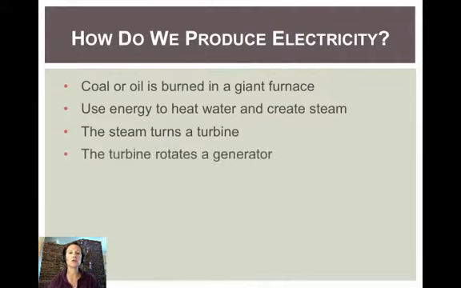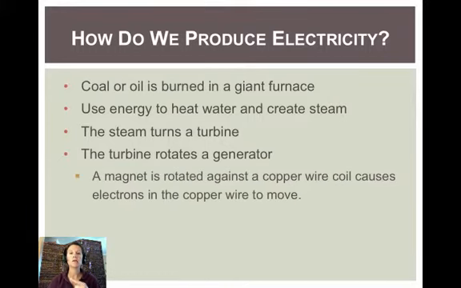Now, attached to that turbine is a generator, and the generator rotates around as the turbine is rotating. Attached to that generator is a very large magnet, and that magnet gets spun right up against a copper wire, which in a power plant is a rather large gauge copper wire.